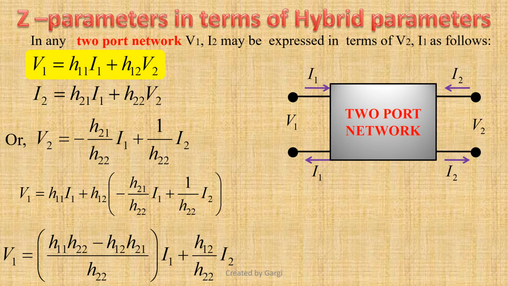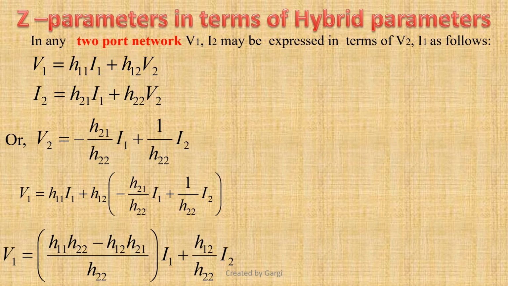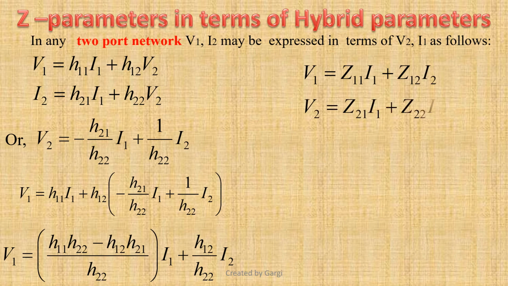When we describe a two-port network using Z parameters, the linear equations used are V1 equals Z11 I1 plus Z12 I2 and V2 equals Z21 I1 plus Z22 I2.